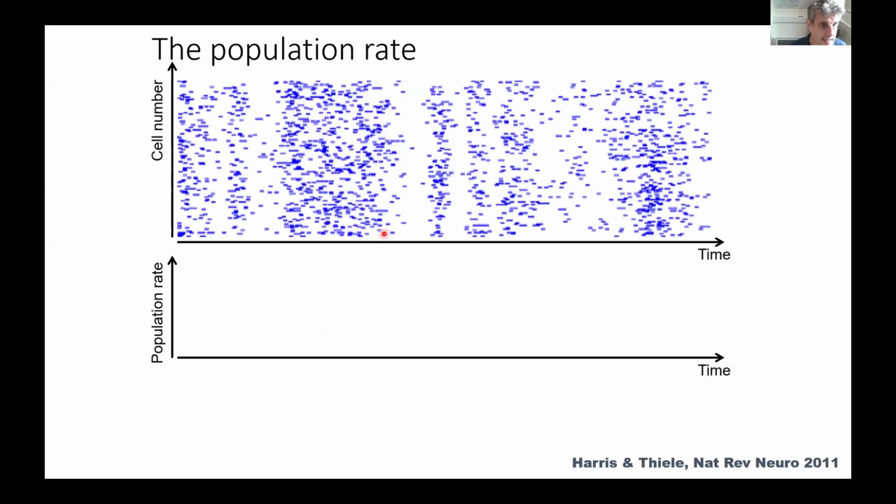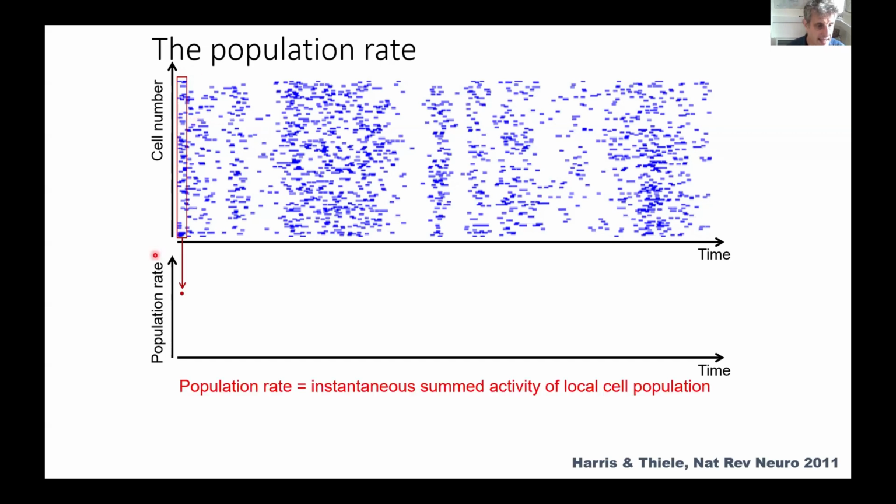This is an illustration of what a population might look like. You've got time on the x-axis, cell number on the y-axis, and every row is a different cell, and these little tick marks represent spikes of those cells. We've got a big correlation between these cells. What you can do is, for every moment in time, count the number of spikes fired by any cell, and that gives you a number, which is the population rate.